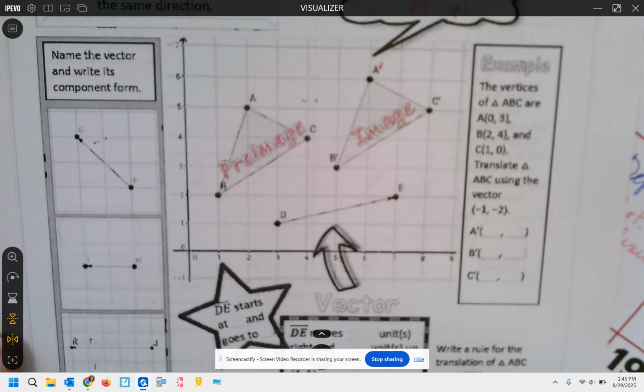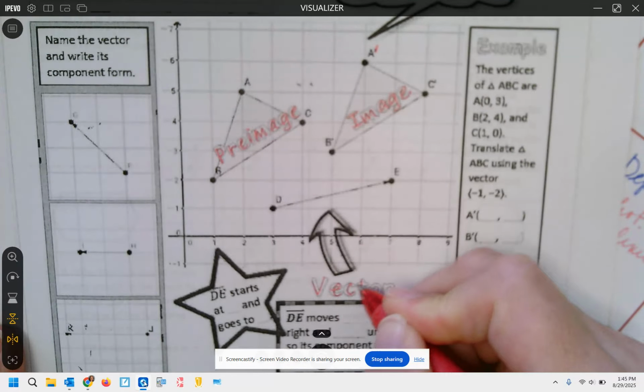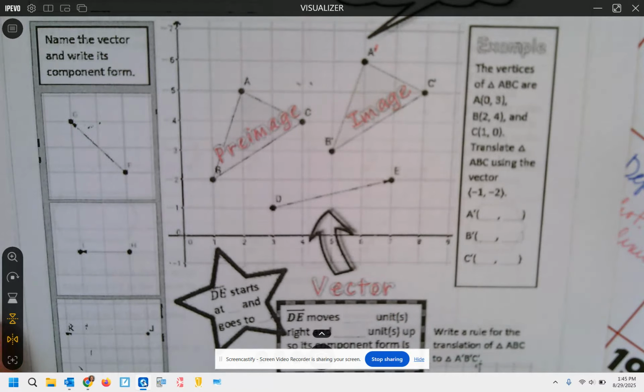Down below here then, it starts talking about something called a vector. A vector is a segment that shows definite direction.